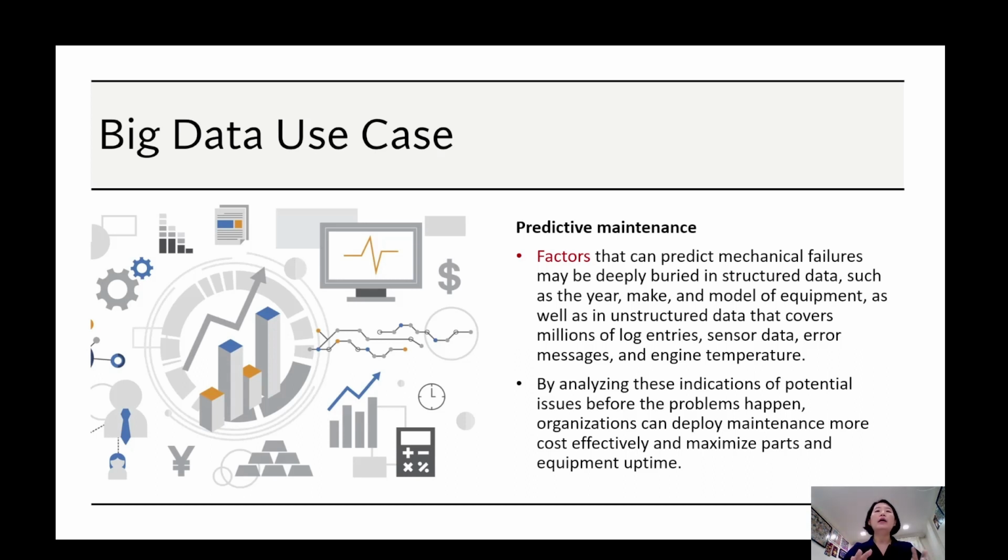From all of these factors, you can find out how long you can still use this machine and predict when you will need to carry out maintenance in order to prolong the lifetime of your machine.